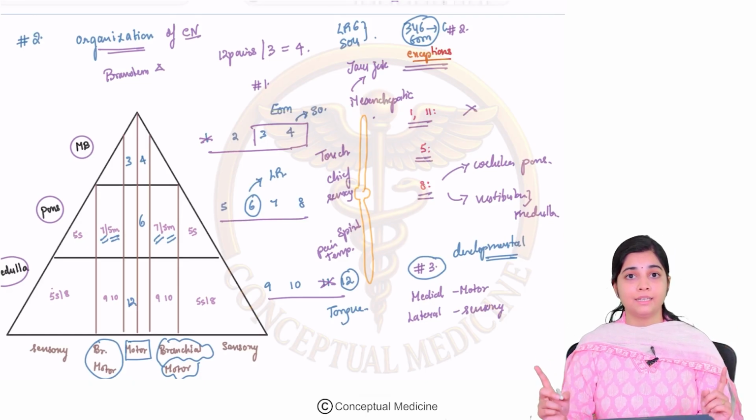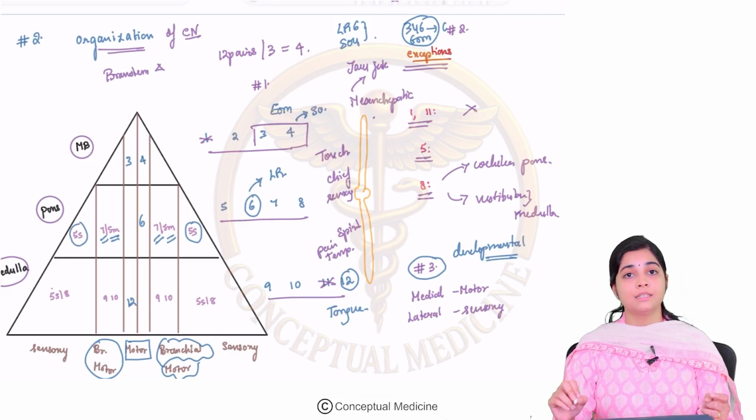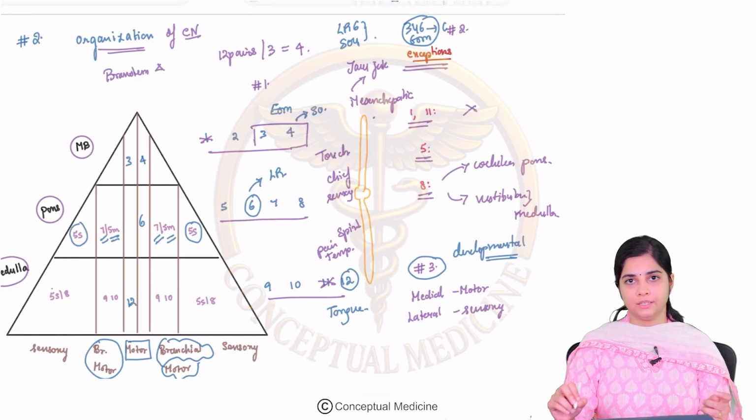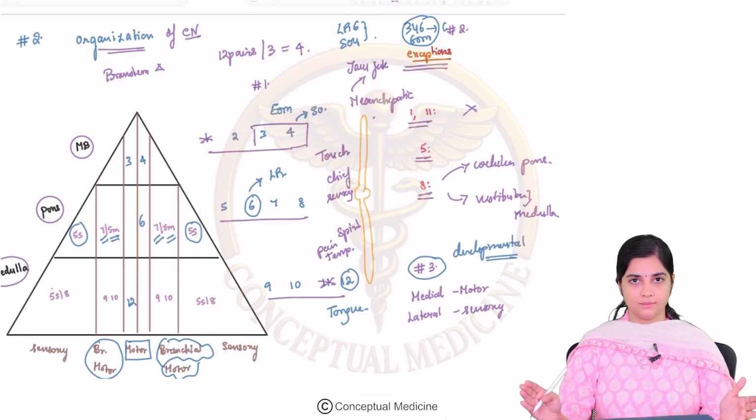And the lateral most, as you can see here, is 5S. 5S means the sensory nerve of your fifth cranial nerve. That is your sensory portion of the fifth cranial nerve, which is present lateral most. Why? Because all the motor structures are usually represented medially and the sensory structures are represented more laterally.